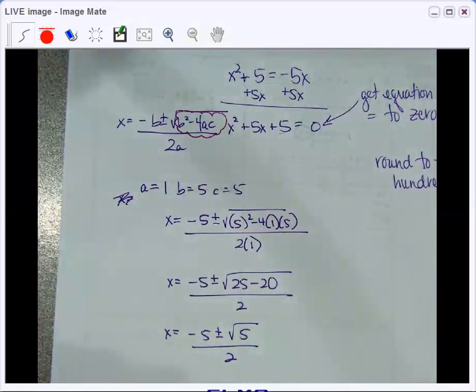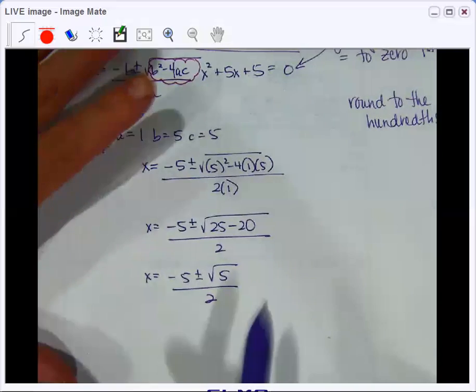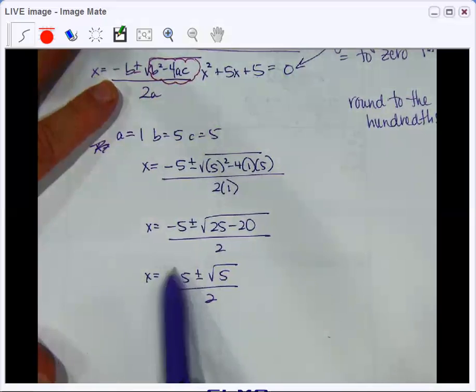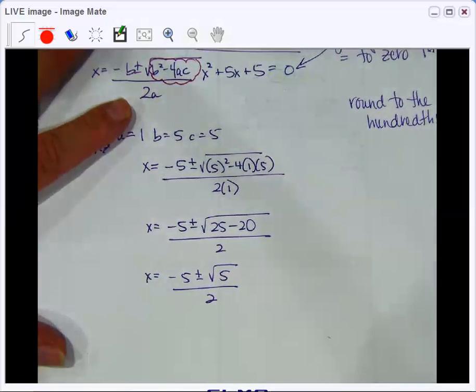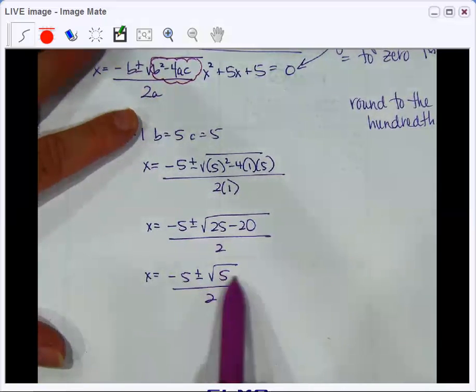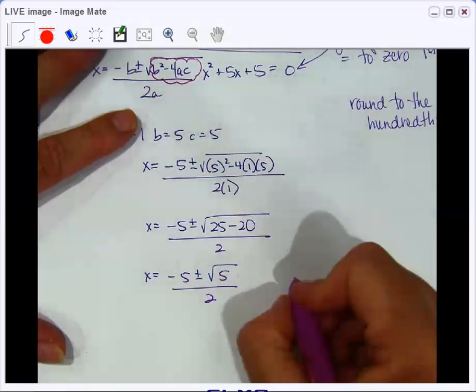Anshul and Casey, you guys had the right number under the radical. Did you get this far? Yeah. Okay, so what I think is happening is when you put this into the calculator, you have to do the numerator first, then hit equals.